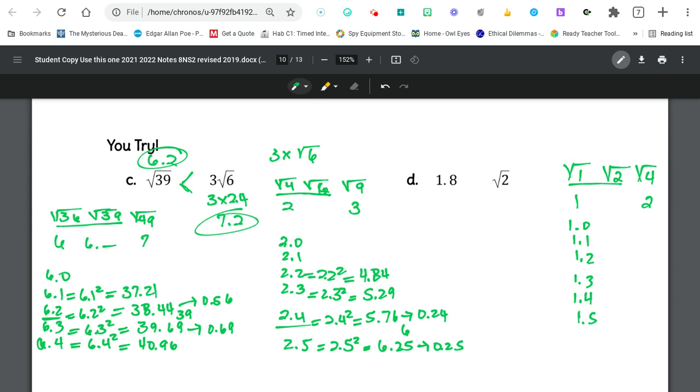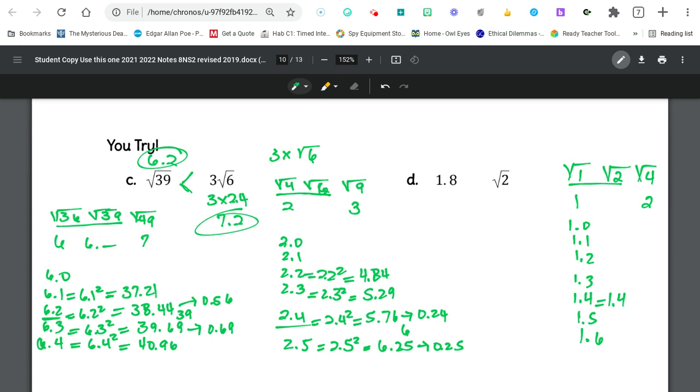I can guarantee you it's probably going to be less than, because I'm not testing numbers that are closer to 2. So I don't really want to test 1.7, 1.8, 1.9, and 2. I mean, those numbers are closer to 2. Pretty sure this is going to be less than, but I'm just going to show all my work, okay?